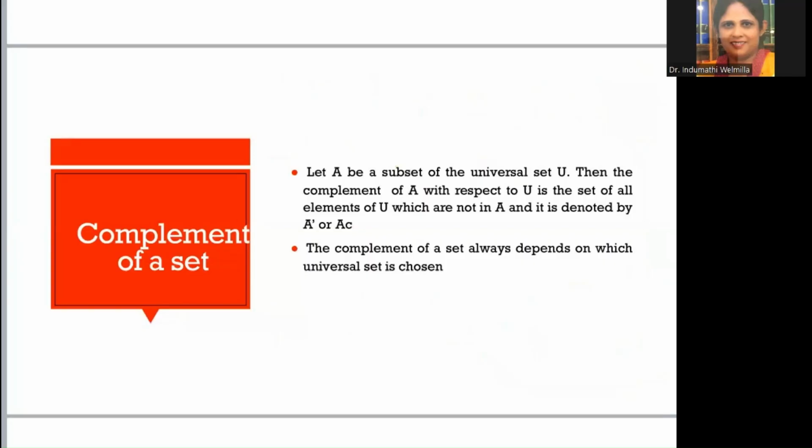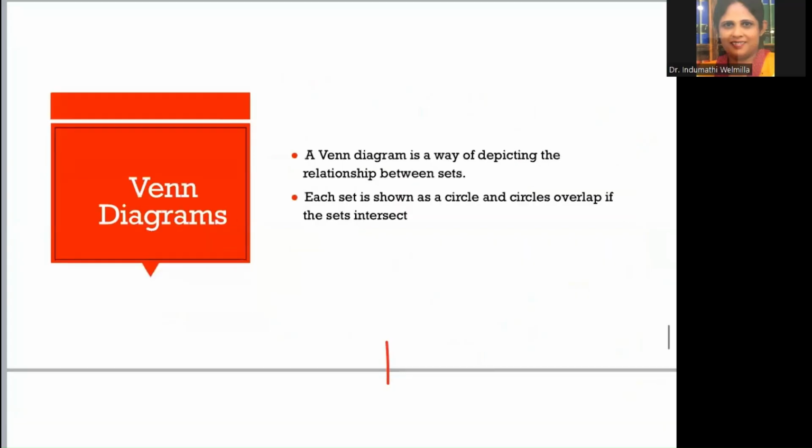Next, the Venn diagram. This is the most important section in set theory. Venn diagrams are a useful way of visualizing relationships between sets.